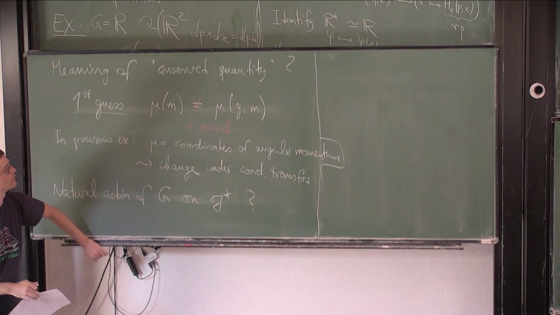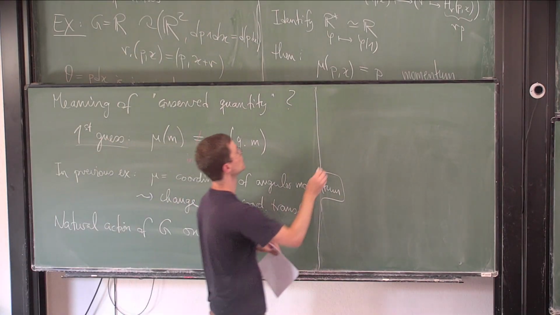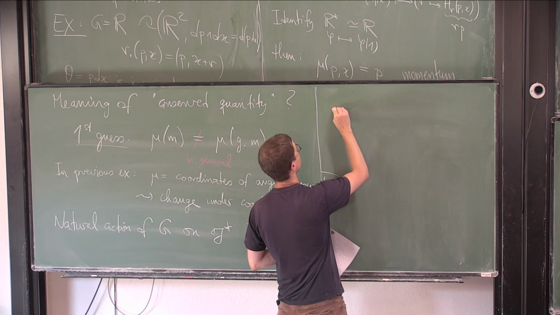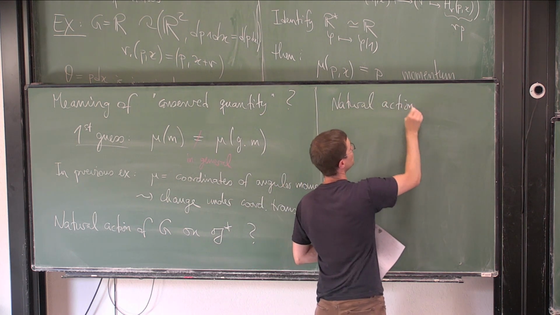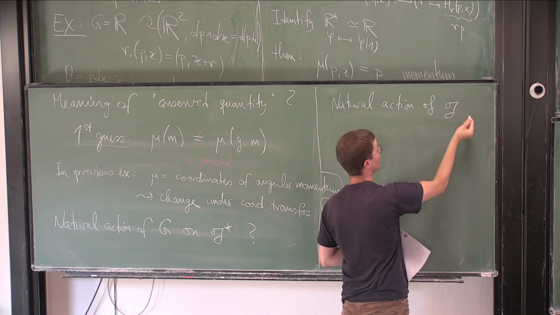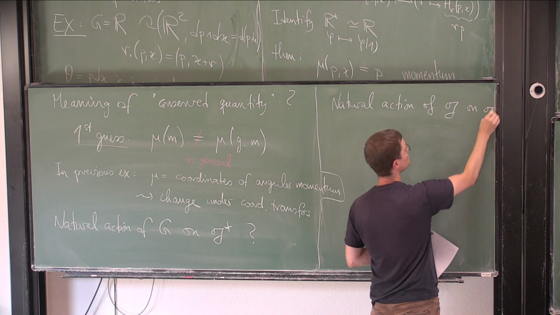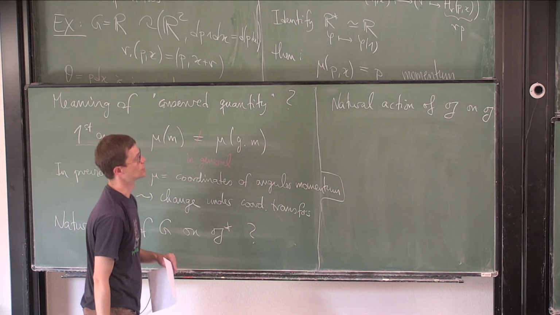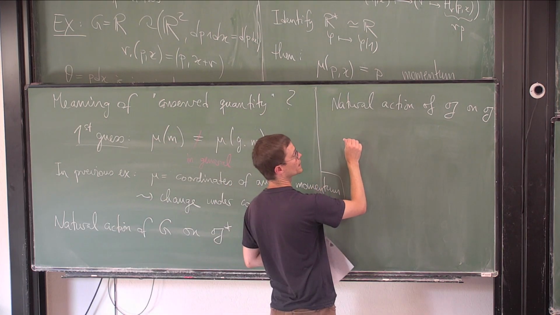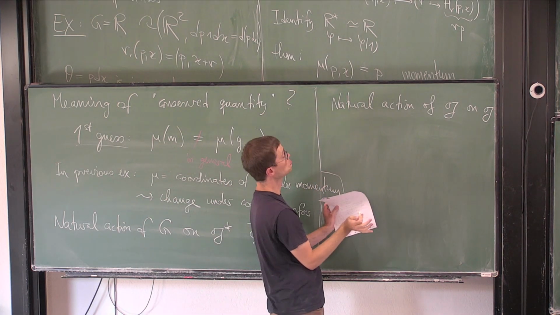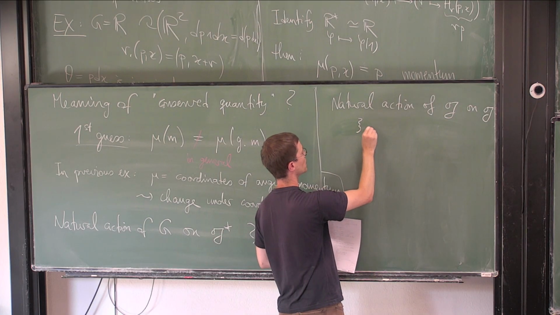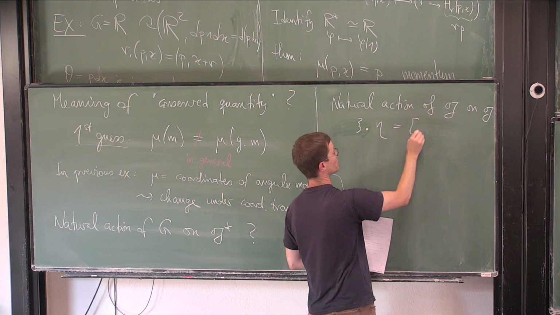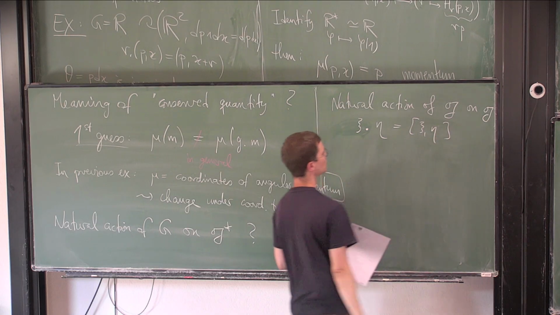We have a very natural action of the Lie algebra on itself, which we typically call the adjoint action, and it's just given by the Lie bracket. I take xi applied to eta, which is just the bracket of xi and eta.